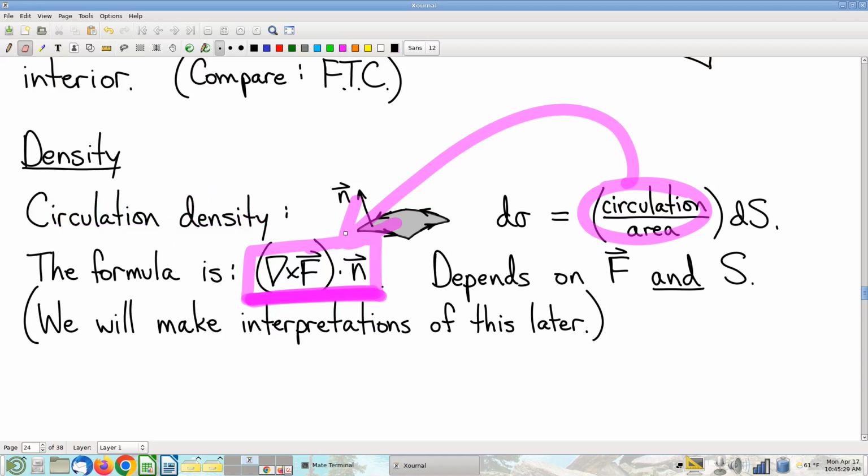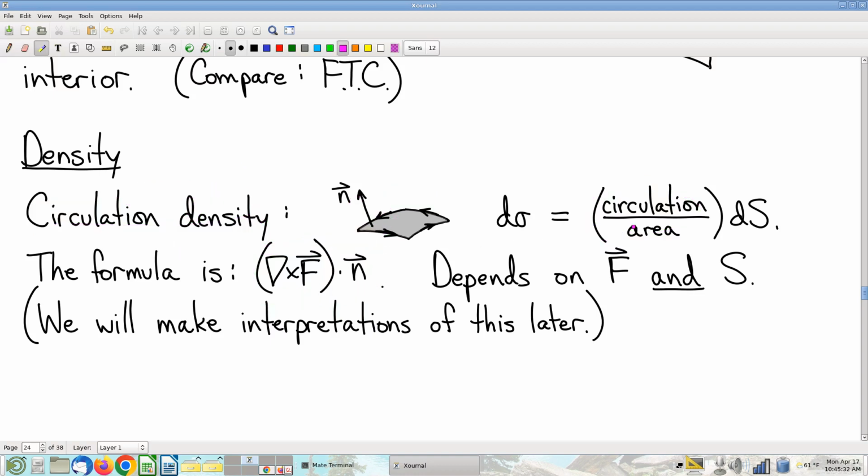All right. Now there is an oddity I need to point out. If you look back at Green's operator, what you'll find is that it depends only on the vector field: dQ/dx minus dP/dy. Full stop. It only depends on the vector field P, Q. If you look back at the formula for divergence, flux density, it only depends on the vector field.